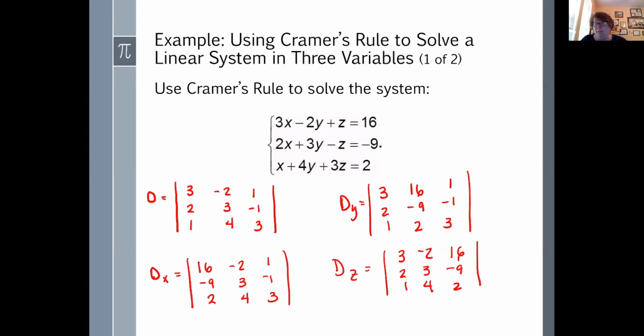Now, I've already put a matrix in A, so maybe I want to put D in B. So I'm just going to write that down, then I'm going to put that in B. And I'm going to put D sub X in C, D sub Y in D, and D sub Z in E. And that'll help me keep track of where I put things. All right, let me share my calculator.